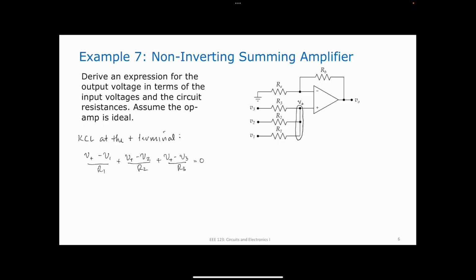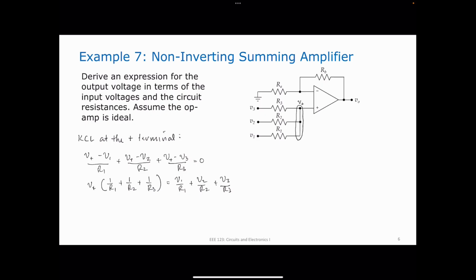I'm going to have V plus times (1 over R1 plus 1 over R2 plus 1 over R3). I try to collect all the V plus terms. This is going to be equal to V1 over R1 plus V2 over R2 plus V3 over R3.